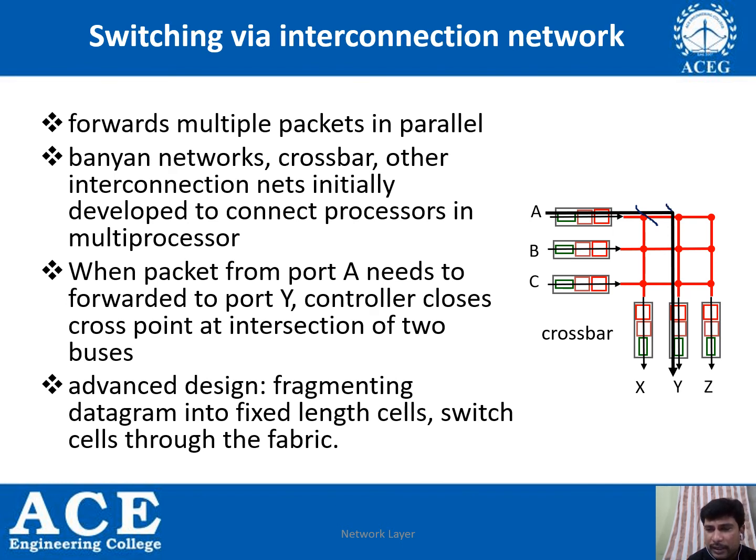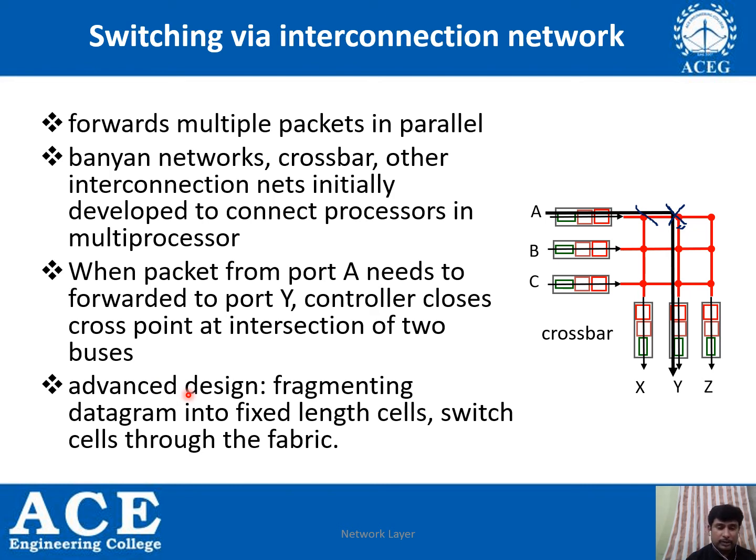Here A and Y are initially open, and whenever a connection is required, the switch of A and the switch of Y get closed, and now a path is established from A to Y, and then the datagram will be transmitted from the input port A to output port Y. Once the transfer is completed, the switch will be released and again it will be in the open state.